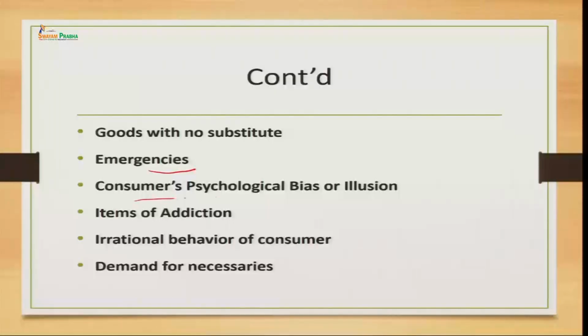Then we have consumer psychology's bias or illusion. Now, what is this? In certain cases, consumers have a kind of illusion, or a psychological belief, where they say that whenever the price of a commodity reduces, the quality also reduces.